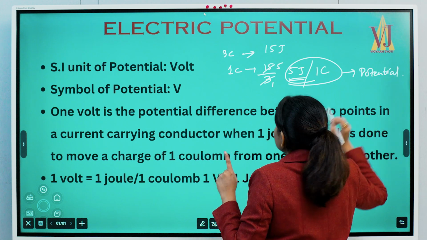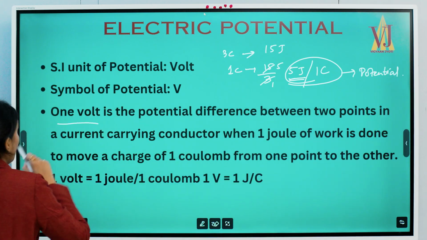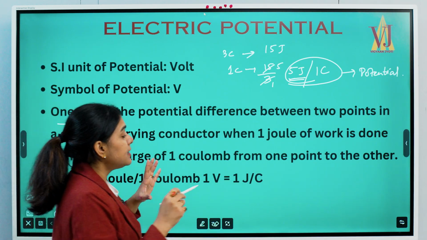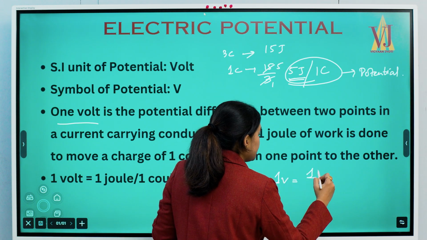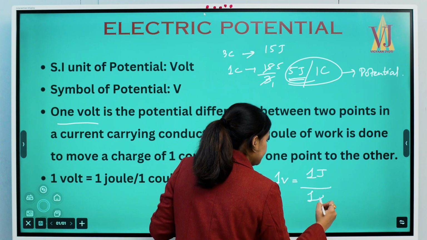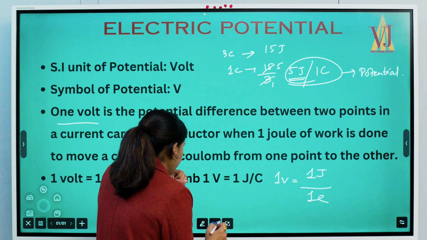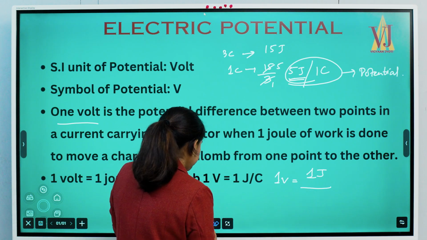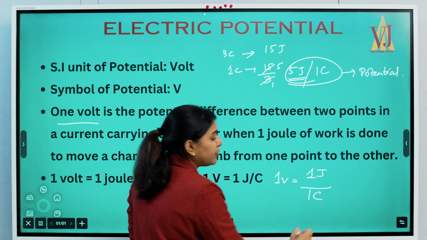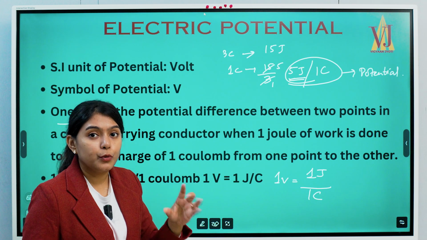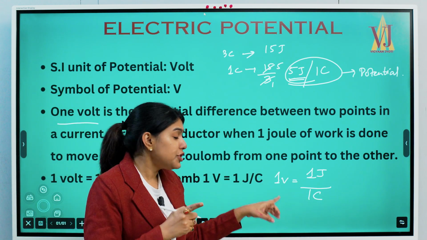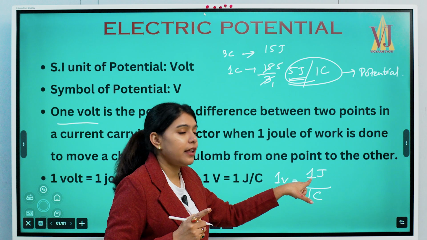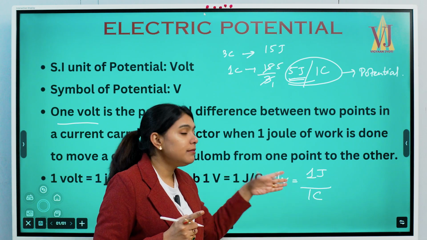Okay. Now they are saying, what is this 1 volt? If it has to come for 1 volt, that means, because this is fixed, you have to do the work against 1 coulomb. So if you are doing the work against 1 coulomb and your potential has to come 1 volt, definitely it has to be 1 joule. 1 by 1 will give you 1.